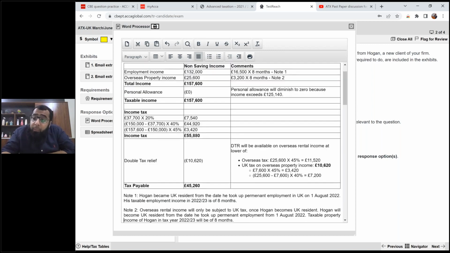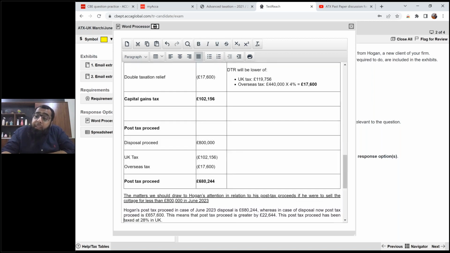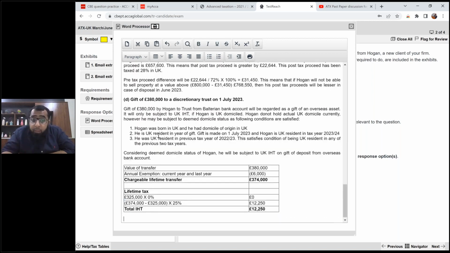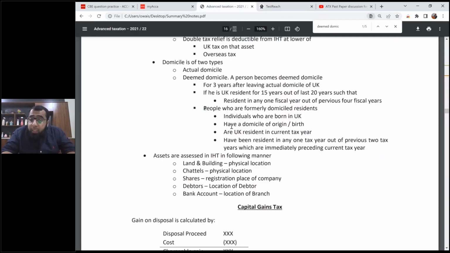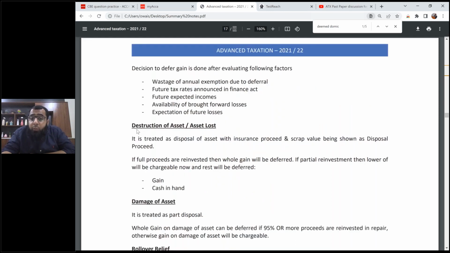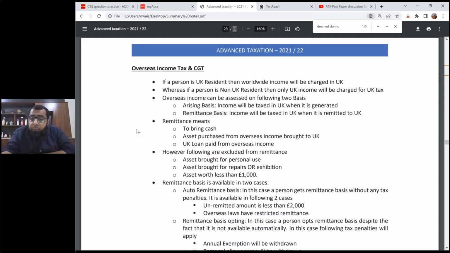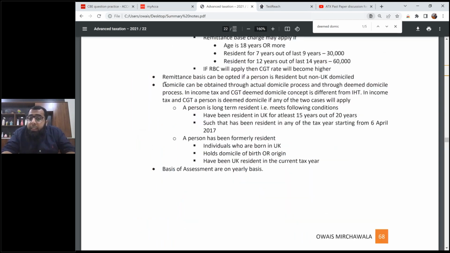Okay. The deemed domicile concept is in income tax and IHT both. I told you the deemed domicile concept is in income tax and IHT both. In income tax, if you go to individual overseas, there is deemed domicile in the IHT and CGT also.